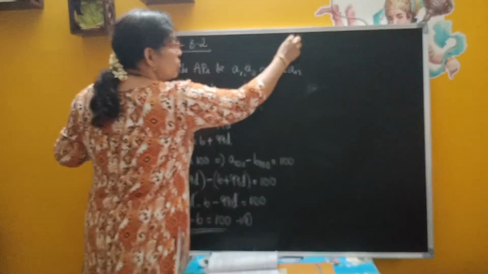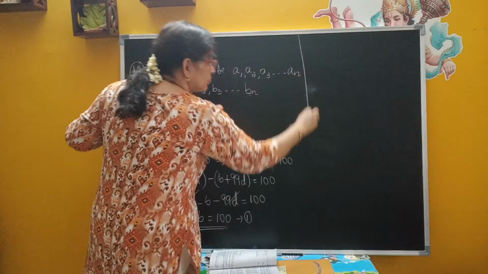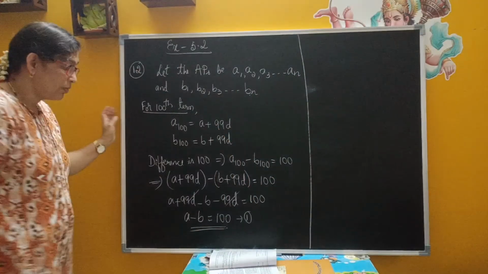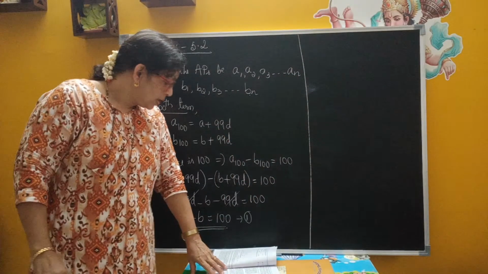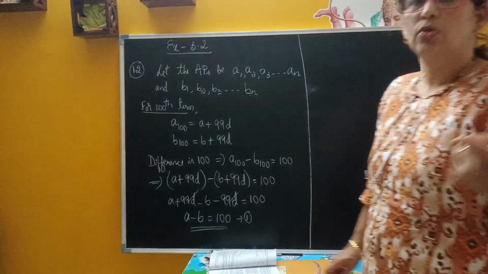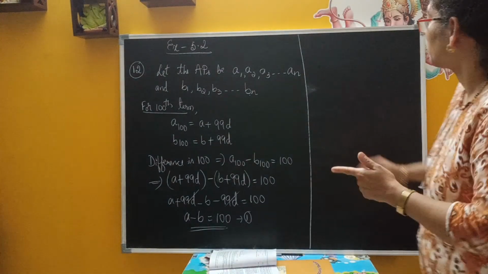Now let us go for the 1000th term. Given, you have to find the difference between their 1000th terms. That is A1000 minus B1000. How much do we need to find?